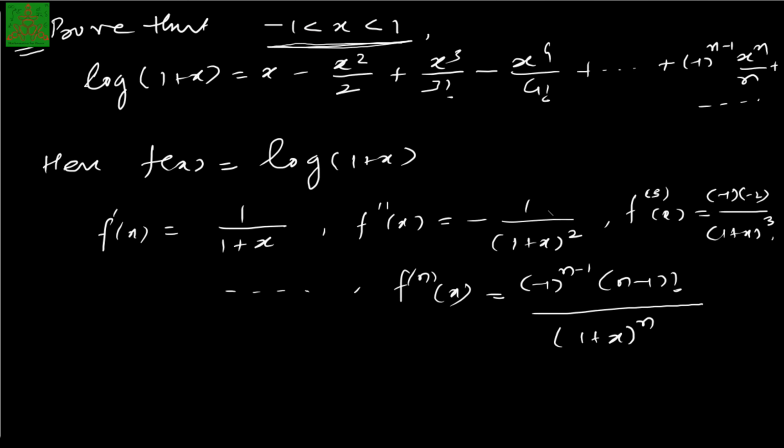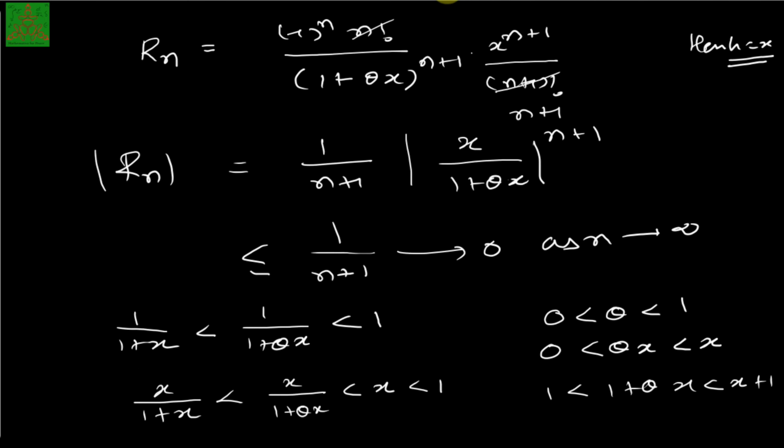So if x is positive, then we have this situation. If x is negative, then due to the modulus, we'll have the modulus of x always less than 1. And so this Rn will tend to 0.